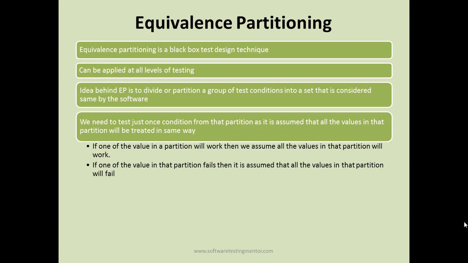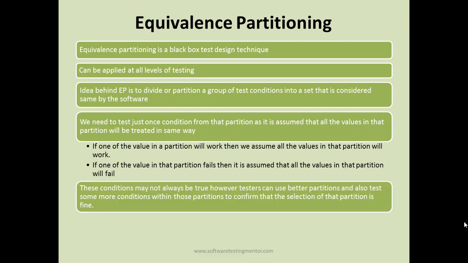And if one value in that partition fails, then it is assumed that all the values in that partition will fail. These conditions may not always be true. However, testers can use better partitions and also test some more conditions within those partitions to confirm that the selection of that partition is fine.